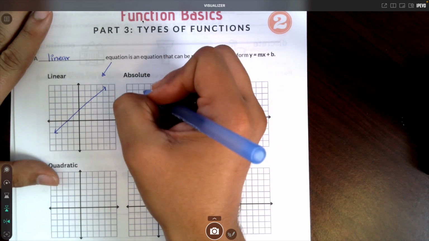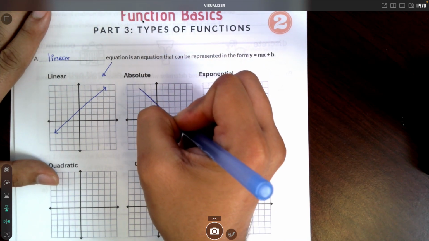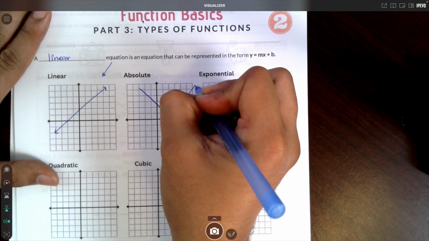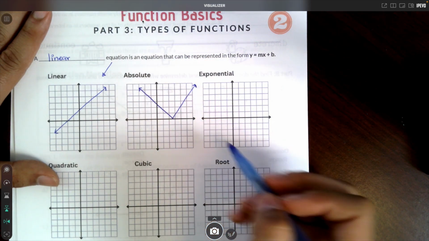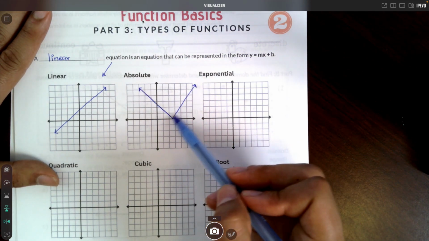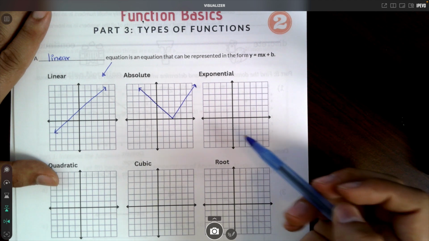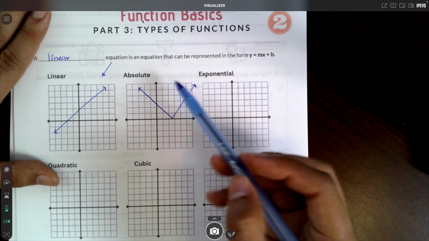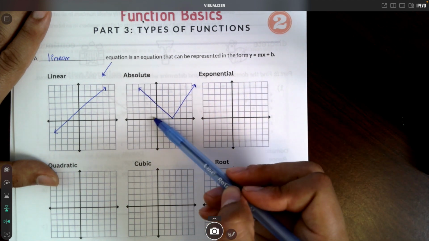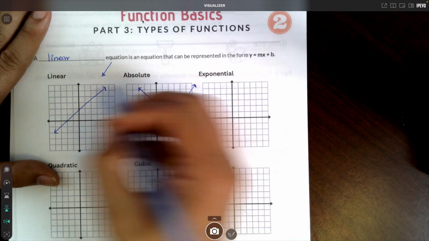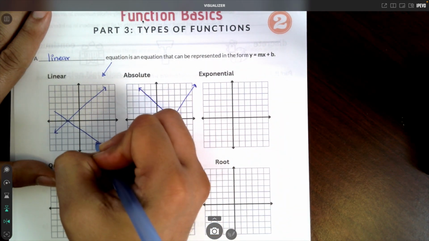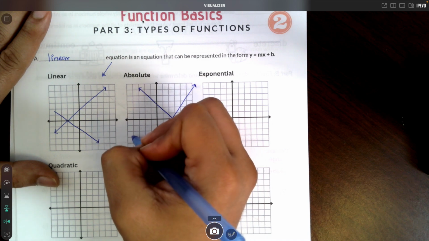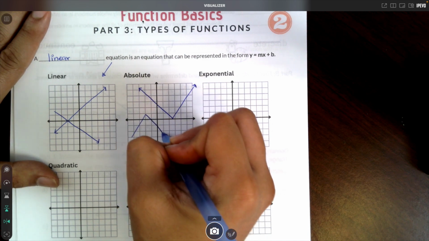Absolute value usually looks like a V. Basically, it has a corner, like it just bounces. And again, there's different types of absolute value. Just like in this one, we can have another linear that goes down, and we can have an absolute value that goes up and then goes down too.